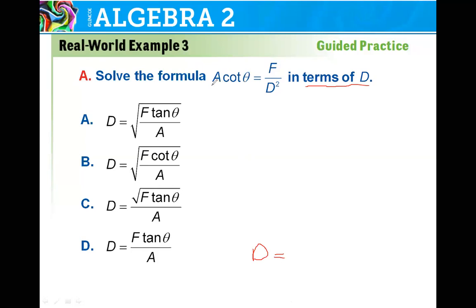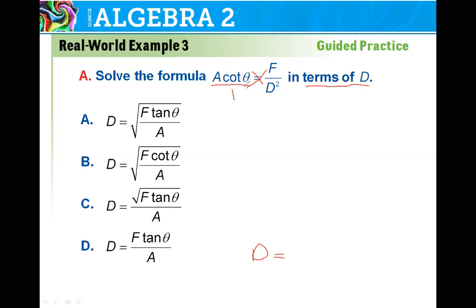Pay attention. The first step, I put here over 1 and make a cross multiplication. Why? Because I need only D equals. So make with me the cross multiplication. F times 1 is equal to what?